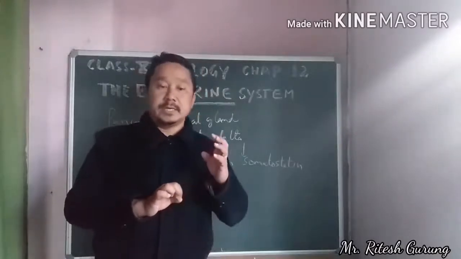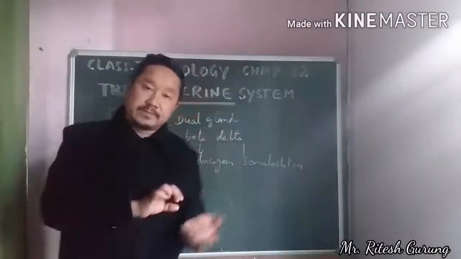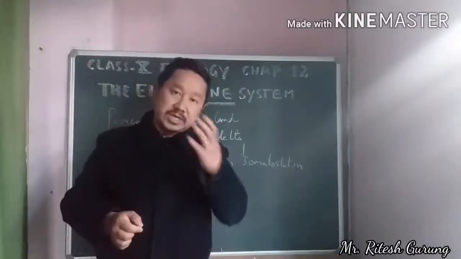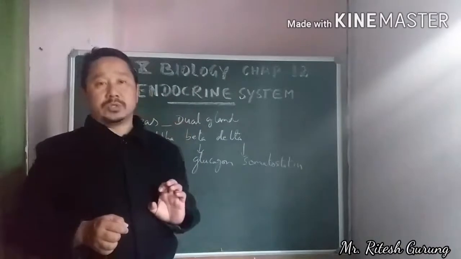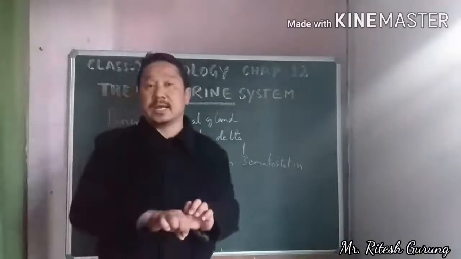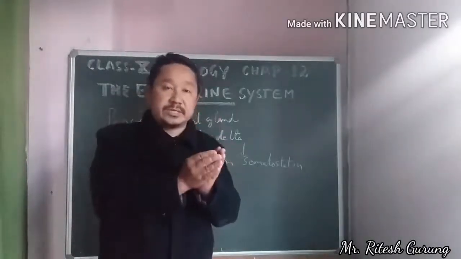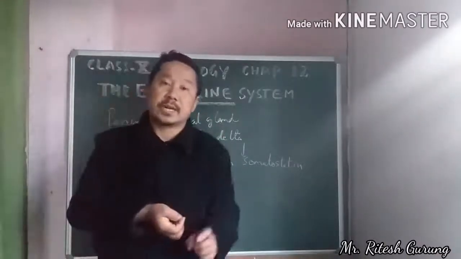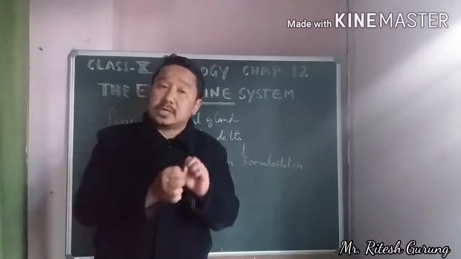That means there is a cluster of cells in the pancreas itself which is responsible for secreting three different kinds of hormones. So that is an endocrine gland. That particular portion of the pancreas is regarded to be the endocrine gland or a ductless gland.